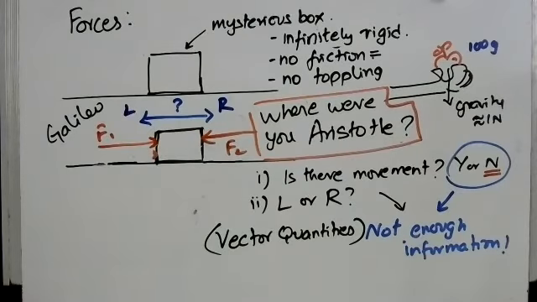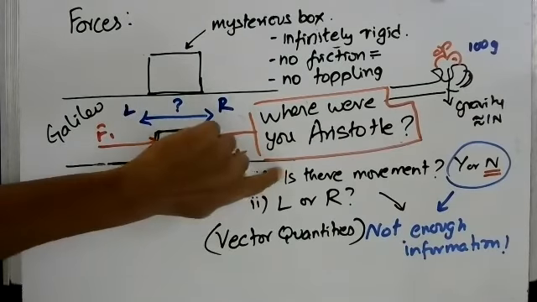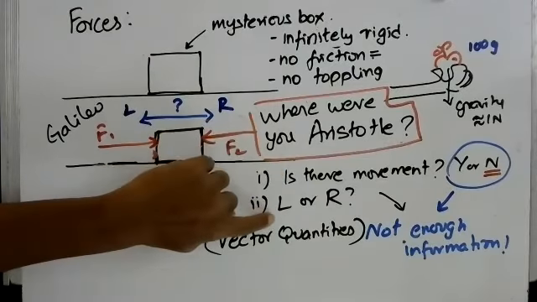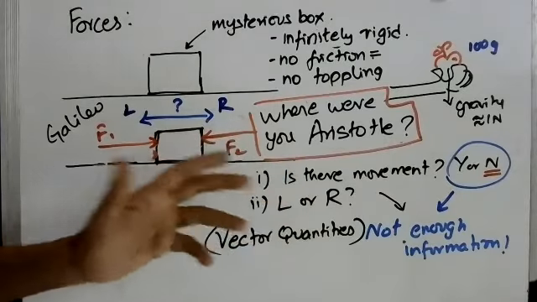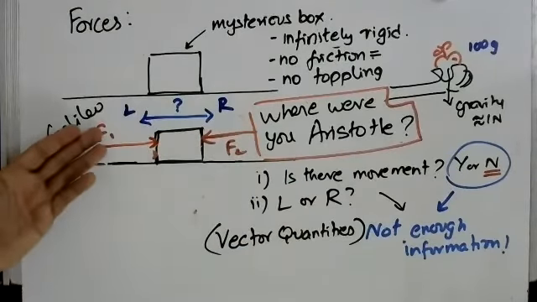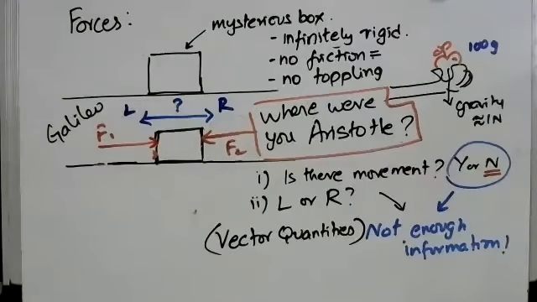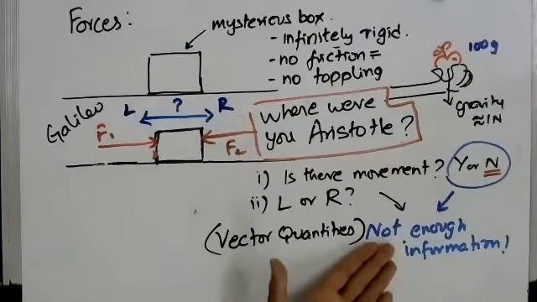Again I ask you, is there movement? What's the magnitude of the force? Exactly. Now you do not know how much is F1 and how much is F2, so your answer will be not enough information to answer the question.